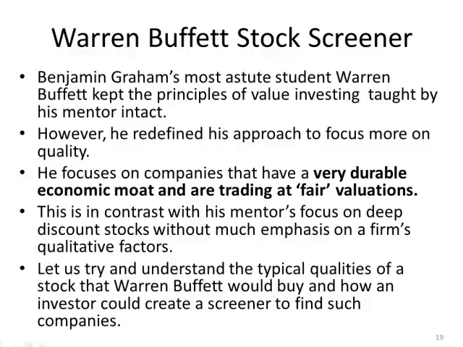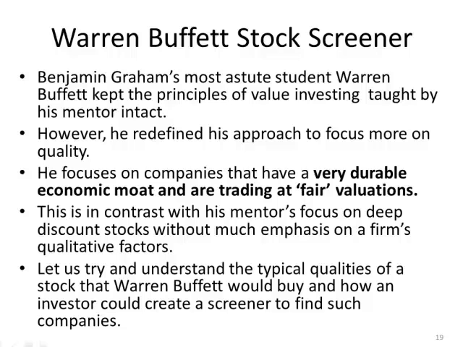So the Warren Buffett approach is largely to look at companies that have a very durable economic moat and are trading at fair valuations. We've seen what an economic moat is, and a way to think about it is that we're looking for companies which have really good future potential earnings because of their moat, and they're trading at fair prices.